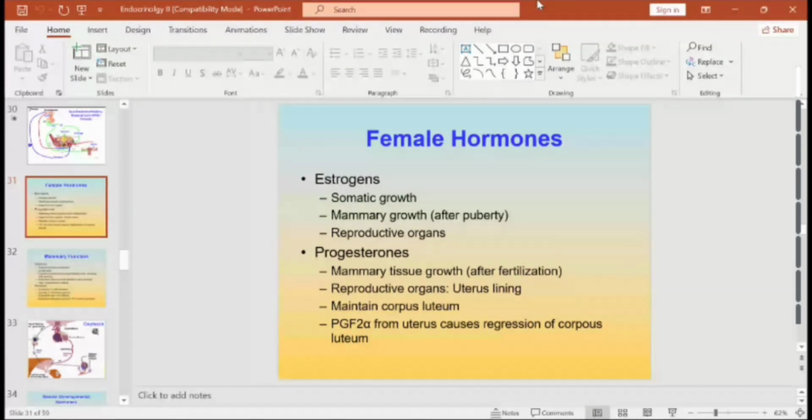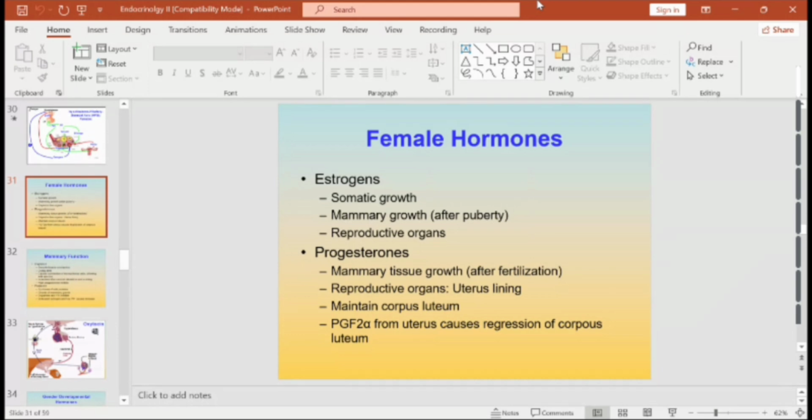And we later review that they are synthesized together from the same precursor, which is cholesterol. And progesterone is responsible also for the differentiation of the mammary tissue, specifically the ductal system of the breast or the mammary gland.